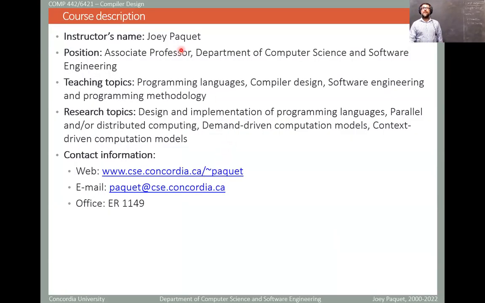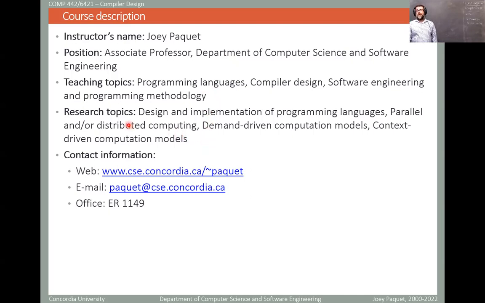So here's my own introduction, as I just did a little bit. My name is Joey Paquette. I'm an associate professor in the Department of Computer Science and Software Engineering. I'm teaching mostly courses that relate to programming languages, either implementation of programming languages in terms of compiler design, or how to use various programming languages.